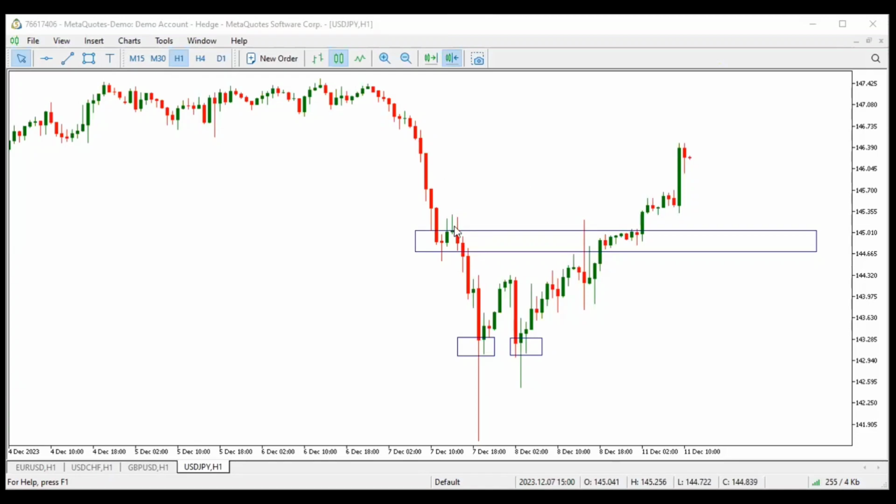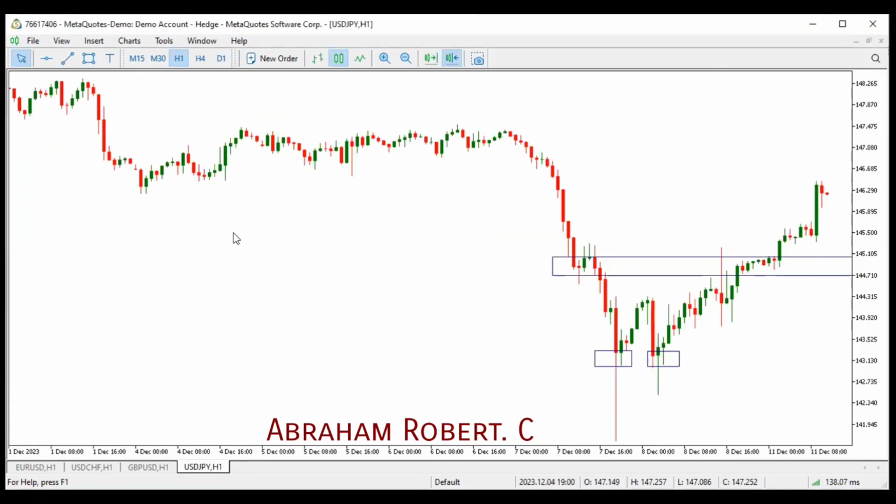Now in this session, briefly, I want to show us the double bottom chart pattern. This pattern is classified as a reversal chart pattern because sometimes in an uptrend, you can see the market giving you a double bottom chart pattern.